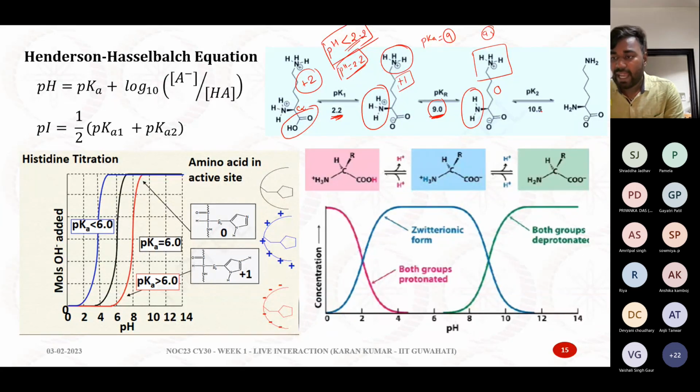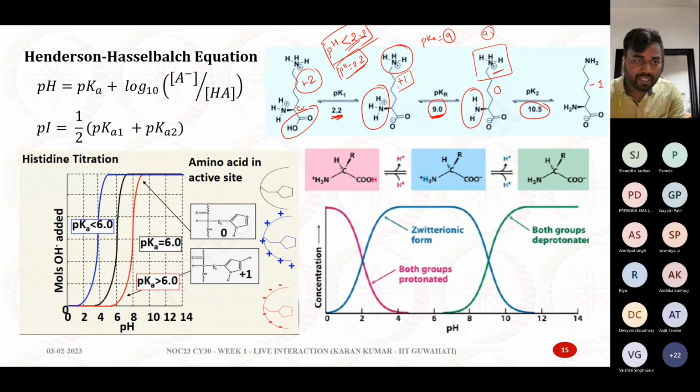Now, at pH higher than 10.5, this side chain will also lose its proton and then your net charge will be -1. Okay, so why have I told you this?